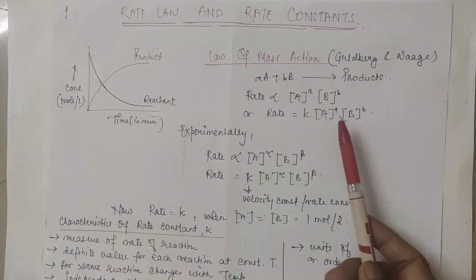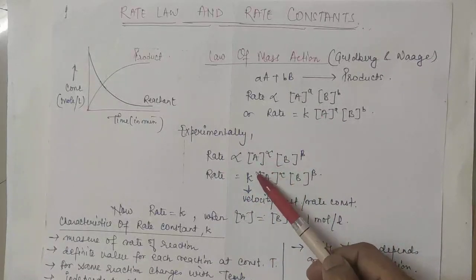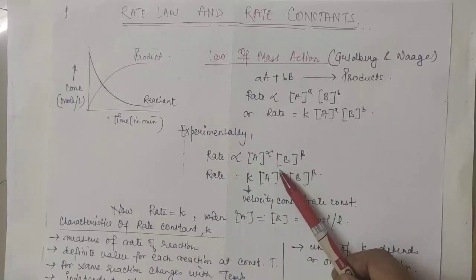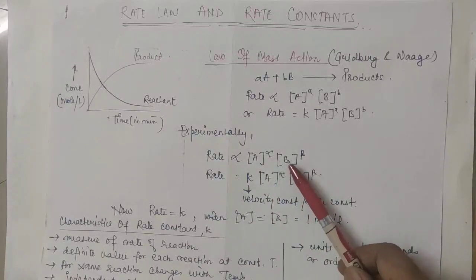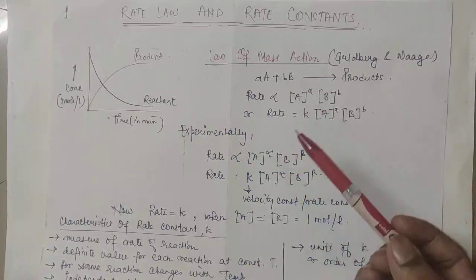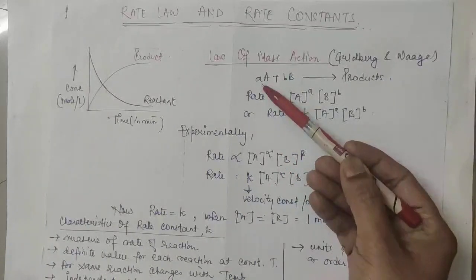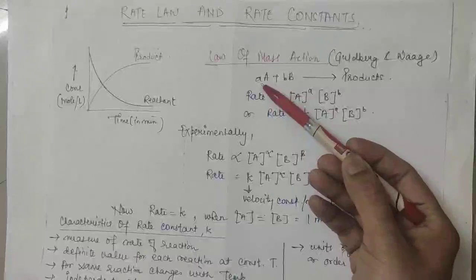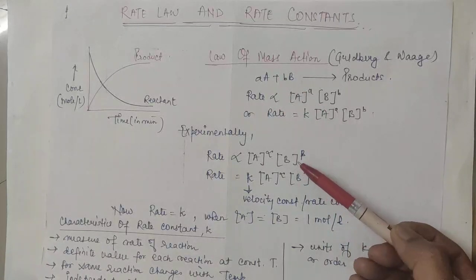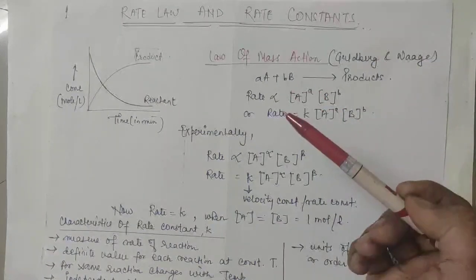Now, experimentally, it was found that the rate of the reaction is directly proportional to the product of the concentration terms of the reactants, not necessarily raised to the power of their stoichiometric coefficients. That means this alpha may not be equal to the coefficient of A represented in the equation, and this beta is not necessarily the coefficient of B represented in the equation.